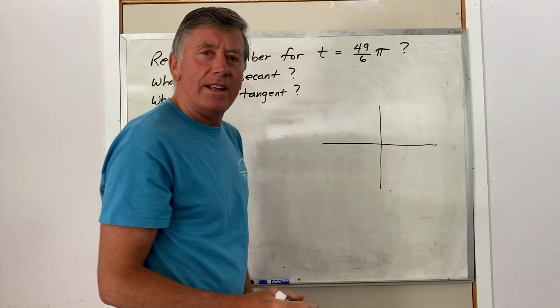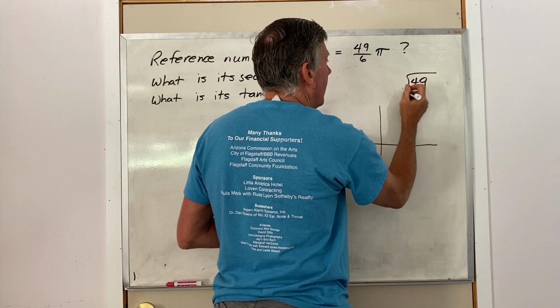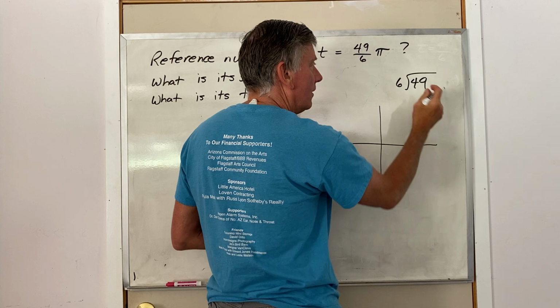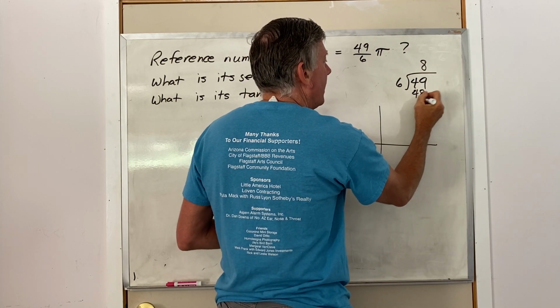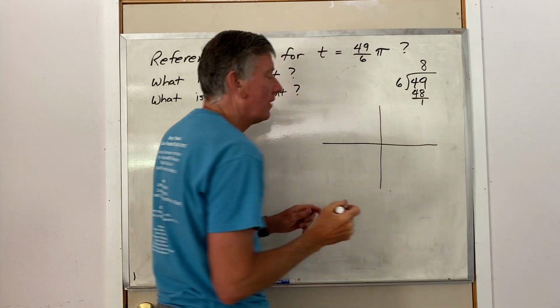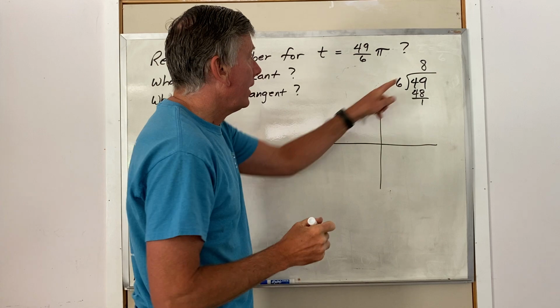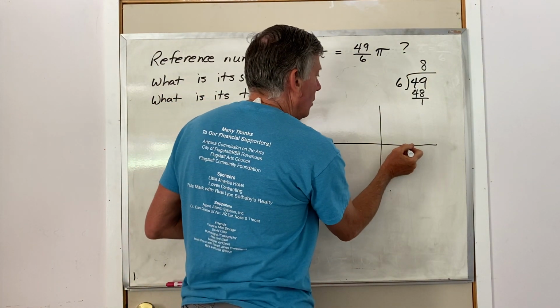What is 49 divided by 6? Let's do long division. 6 goes into 4, it doesn't. 6 goes into 49 8 times, 48, and you're left with 1/6. So that means that we are going 8 times pi around.